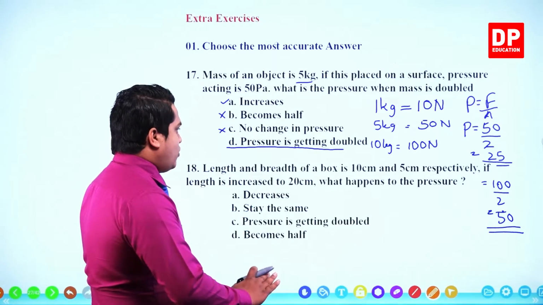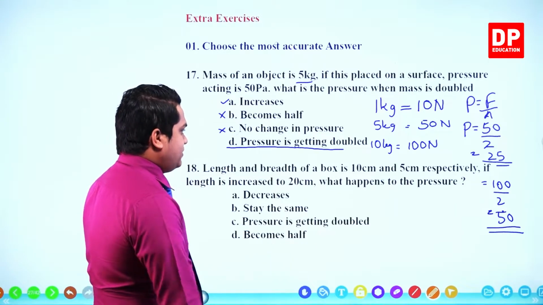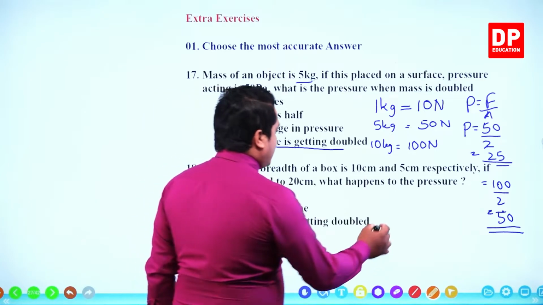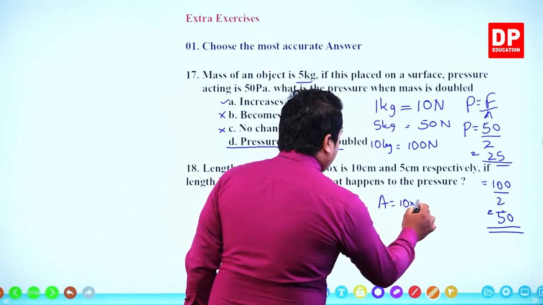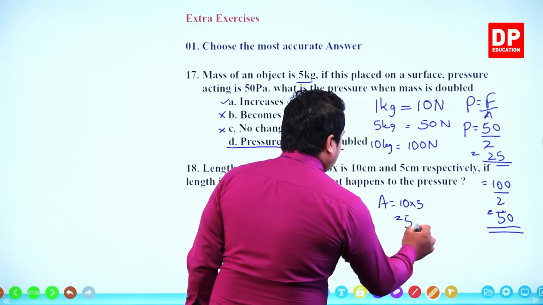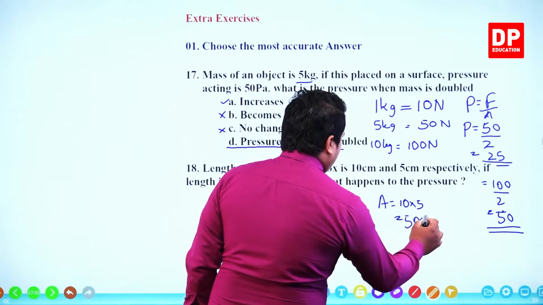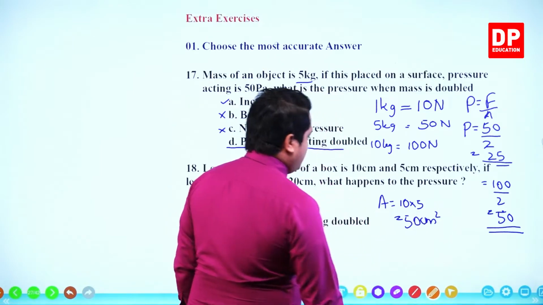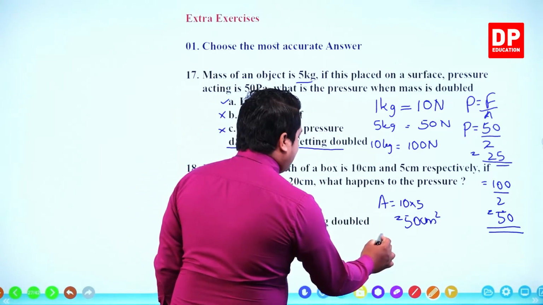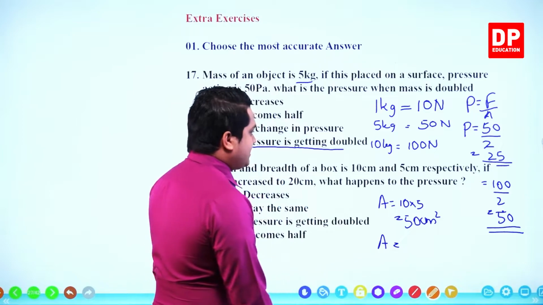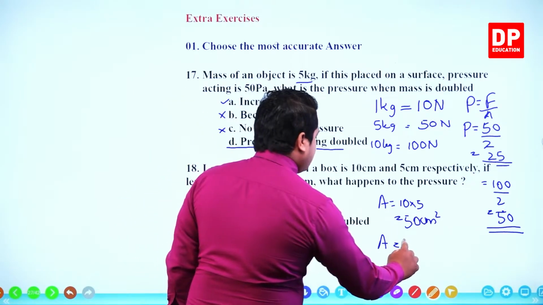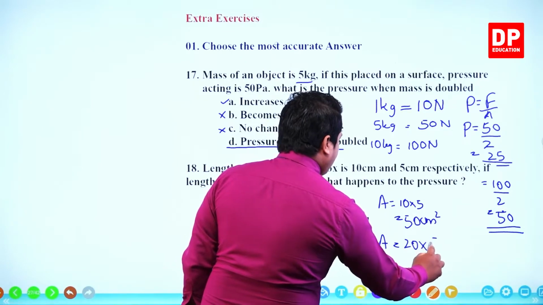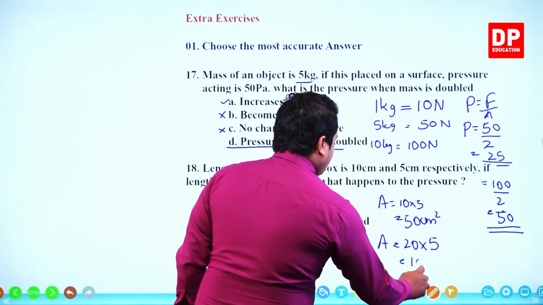Length and breadth of a box is 10 and 5, so the area becomes 10 times 5, 50. Let's say it's in square centimeters. Then in the second case, we are increasing the length up to 20 centimeters. Then this is 20 times 5, becoming 100.